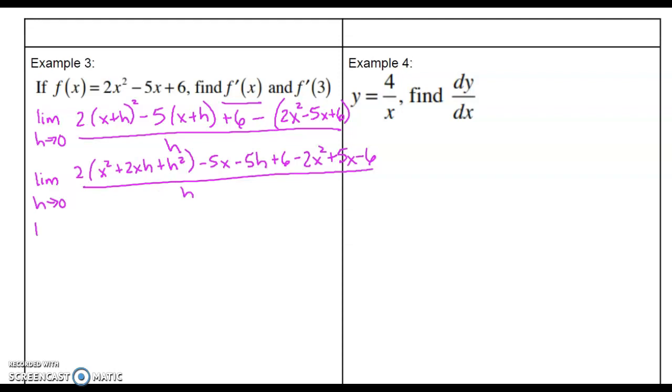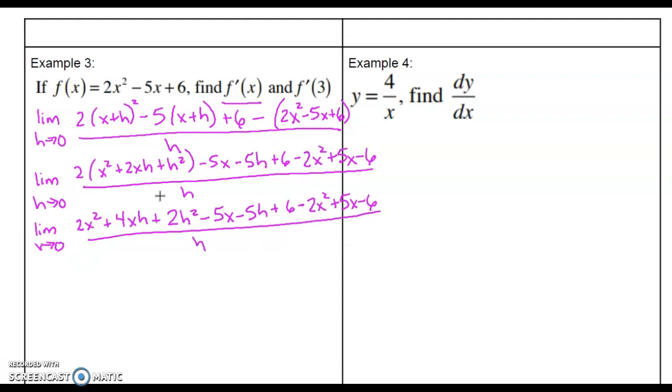And then I need to distribute that too. I probably could have canceled some stuff out, but I'm just on a roll here.